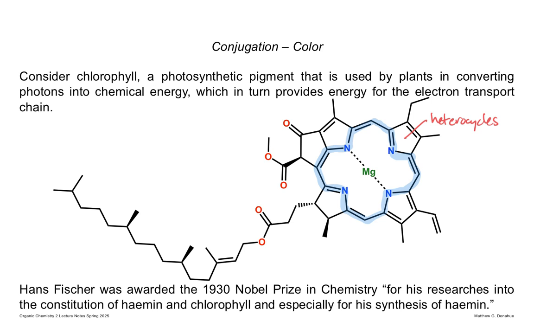So we'll talk about Emil Fischer in Module 5 in terms of glucose, but another Fischer, Hans Fischer, won the 1930 Nobel Prize in chemistry for researches into the constitution of Haemin and chlorophyll and the synthesis of Haemin.